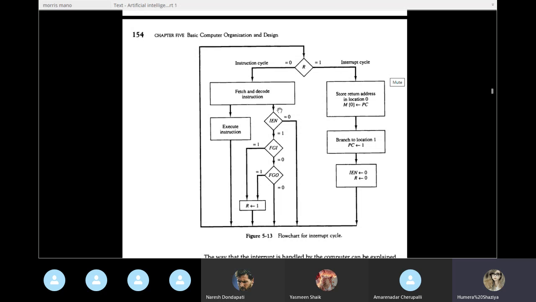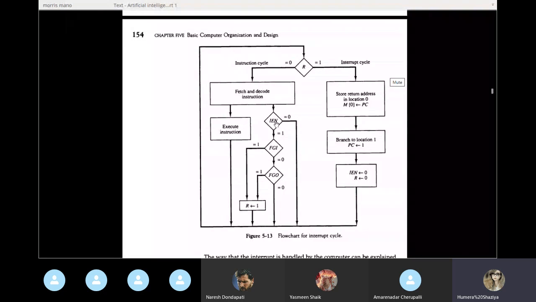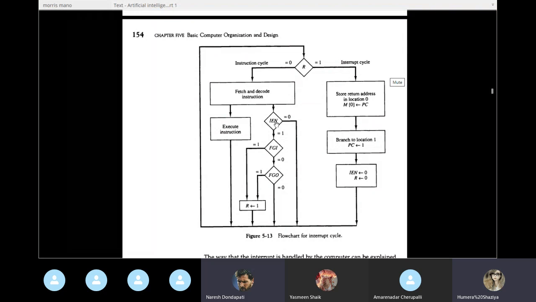So here the processor has fetched and decoded the instruction, and during execution the processor will keep checking this flag. What is this flag? Interrupt enable. If interrupt enable is off, then it will continue the instruction cycle. If it is on, then it will check whether there is any request from any input or output device.